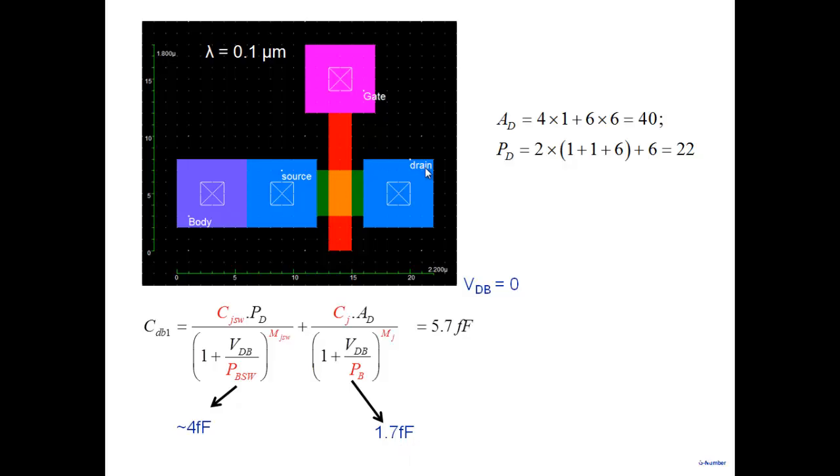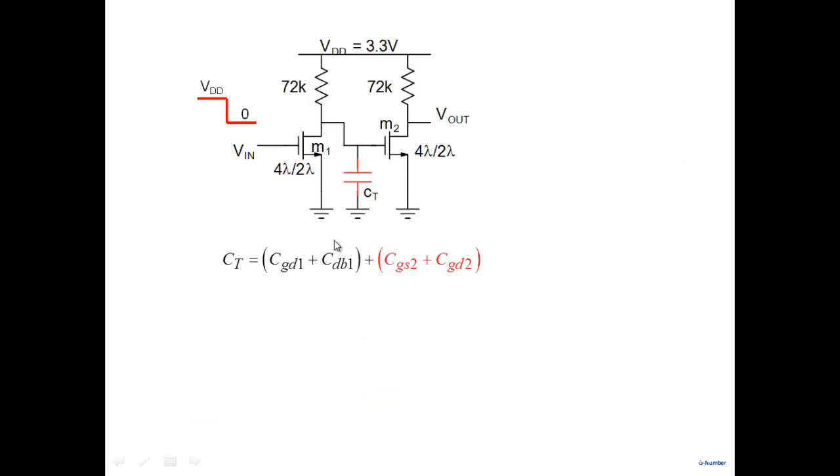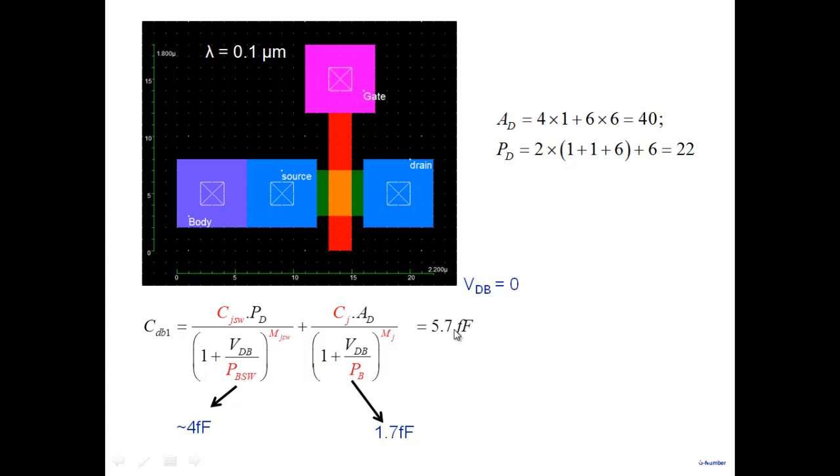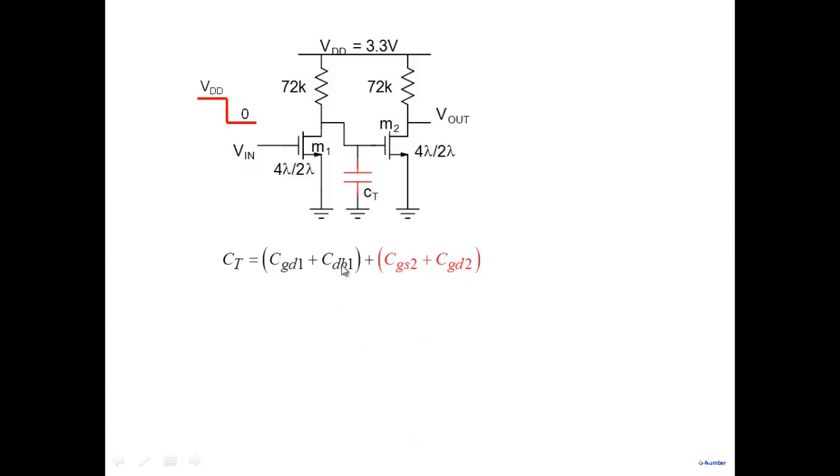How important is the perimeter? Perimeter of the drain gives you more as compared to the area here. The total capacitance comes out to be 8.5 femtofarad. Now out of that, how much is the drain to body? 5.7.